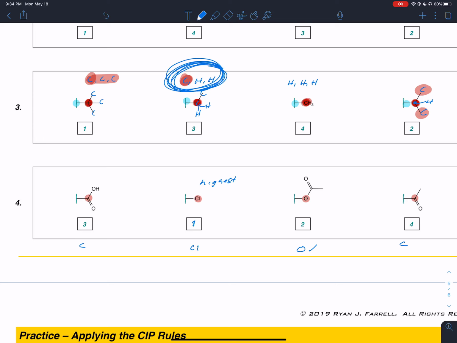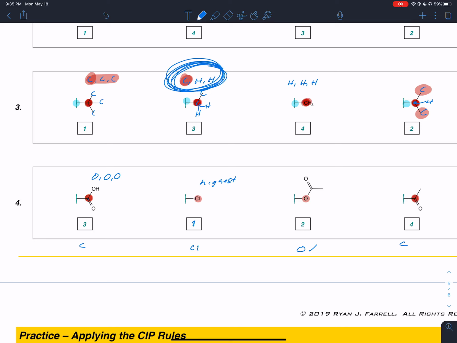And then because the carbons tie on atomic number, we say, what are those carbons bonded to within one bond? On the far left, that carbon is bonded to 1 oxygen, another oxygen, and another oxygen, right? We give the double bond single bond equivalences, saying there is 1, 2 oxygens, and a third oxygen.